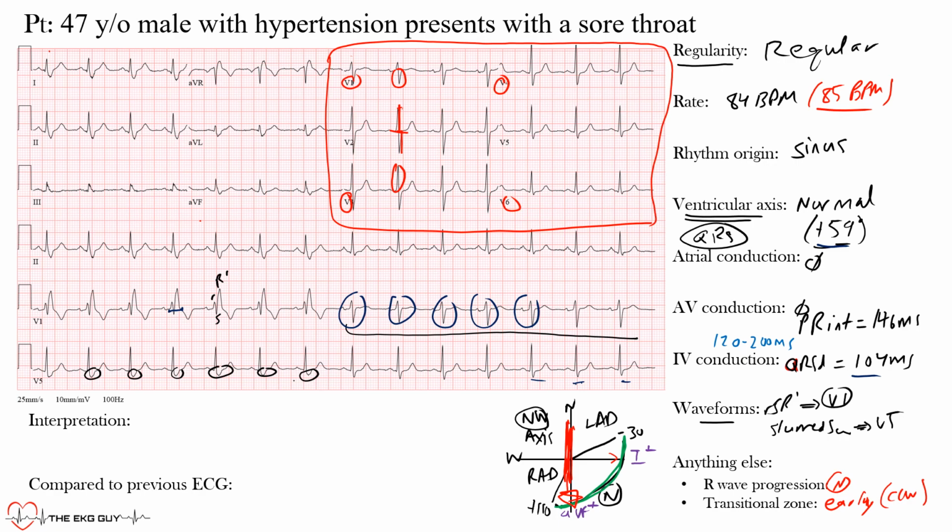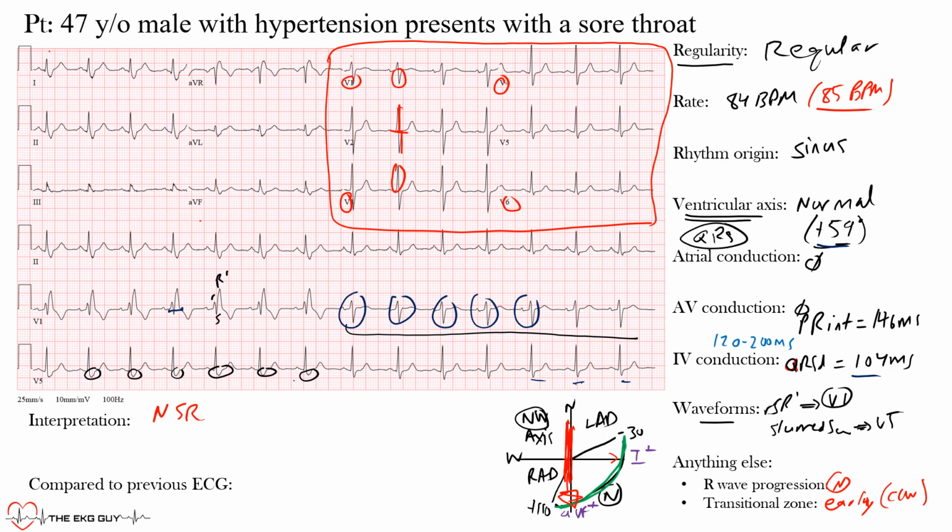So let's review. We have a regular rhythm at 85 beats per minute, sinus rhythm. Okay, what does that mean? That means we have a normal sinus rhythm: normal rate, normal rhythm, sinus origin at a rate within 60 to 100 beats per minute. We have a normal axis, normal atrial conduction, normal AV conduction.